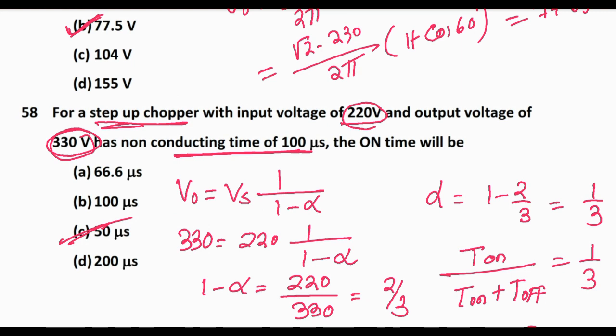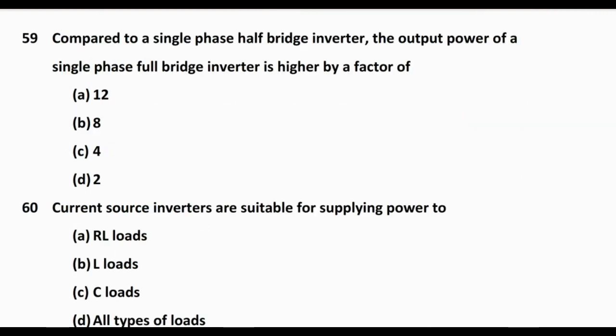Next question, 59. Compared to a single phase half bridge inverter, the output power of a single phase full bridge inverter is higher by a factor of. So this is 4 times higher, as voltage is 2 times, power will be 4 times. I am explaining this one.